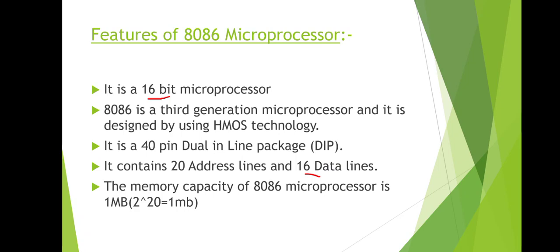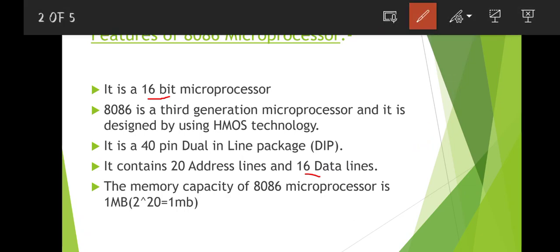Here memory capacity depends upon the address lines. Again, this is also one important point. In 8085 microprocessor, it contains 16 address lines, so 2 power 16 equal to 64 KB. In 8086 microprocessor, it contains 20 address lines, so 2 power 20 equal to 1 MB.